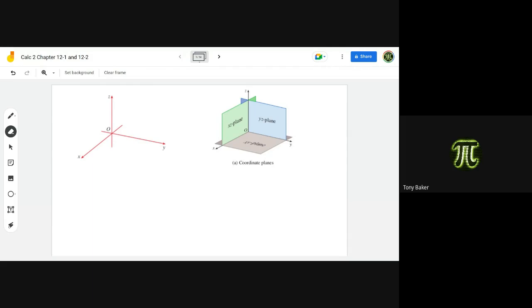All right, so we did parametric and polar. Now we get to move on to chapter 12. I'm going to quickly go over three-dimensional space. You're not going to see a question on the test for three-dimensional space.